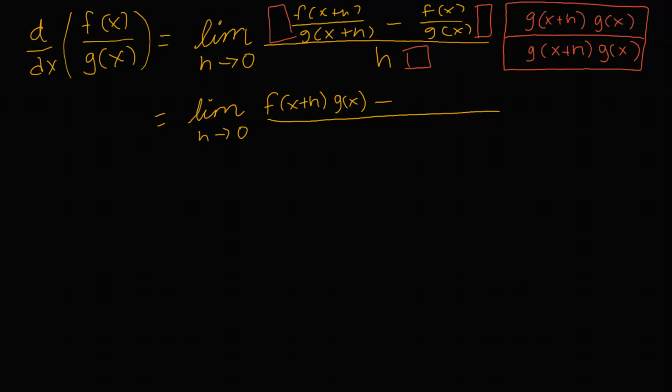Okay, so then g of x is going to divide out g of x, and we would have in the second term f of x multiplied by g of x plus h. And on the denominator, you will have h multiplied by g of x plus h multiplied by g of x.